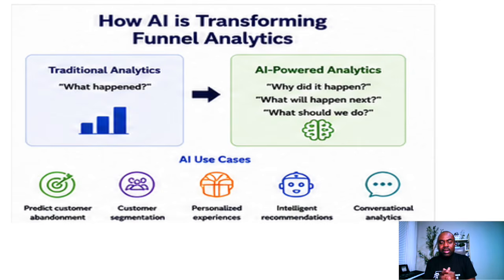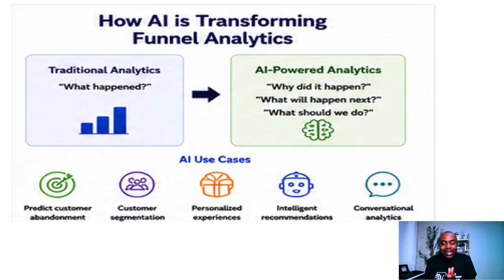Look, descriptive analytics is what a typical funnel analysis will tell you. But AI can now help you do diagnostic, predictive and prescriptive analytics on the fly. For example, if you see a drop-off, AI can help you quickly understand why it happened. It can help you understand what will happen next based on this drop-off and what you should do.